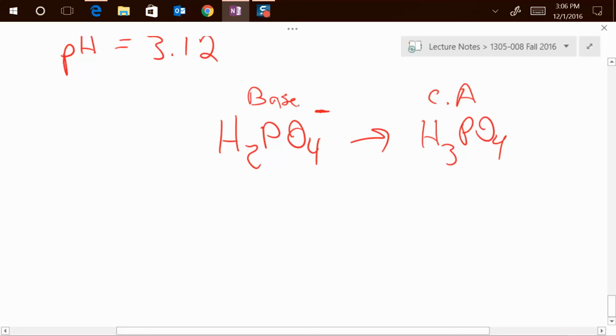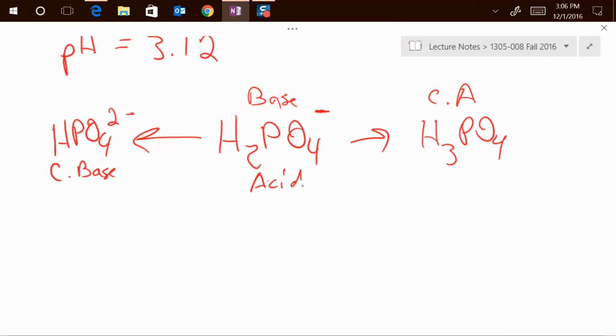What is the conjugate base of H2PO4 minus? HPO4 2 minus is the conjugate base of this acid. So if I ask you for the base, you remove a hydrogen. If I ask you for the acid, you add a hydrogen.